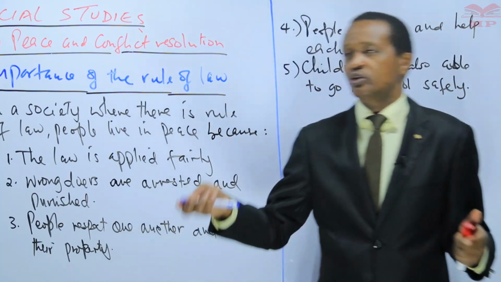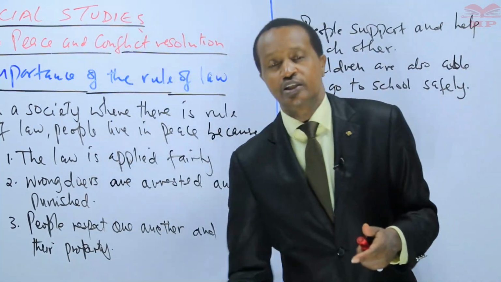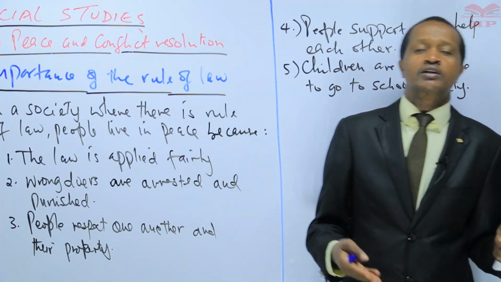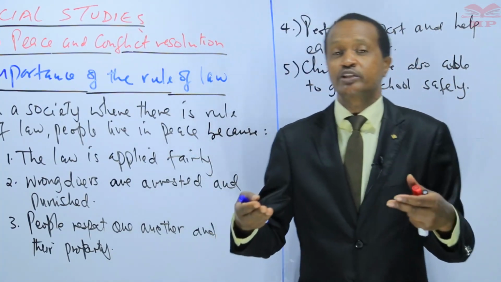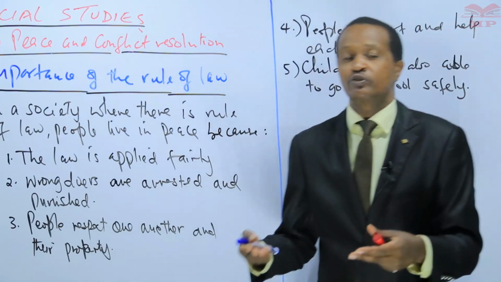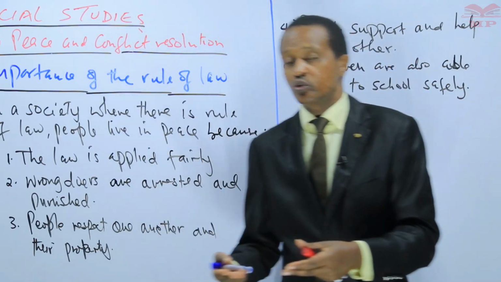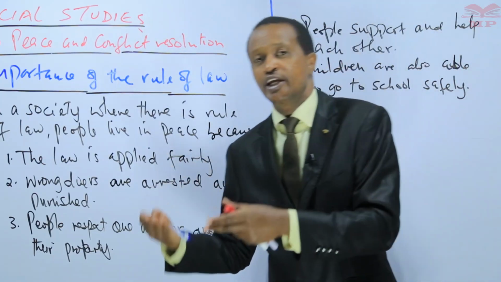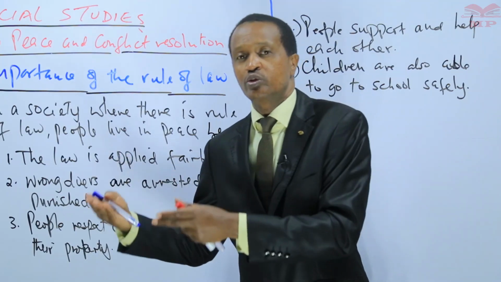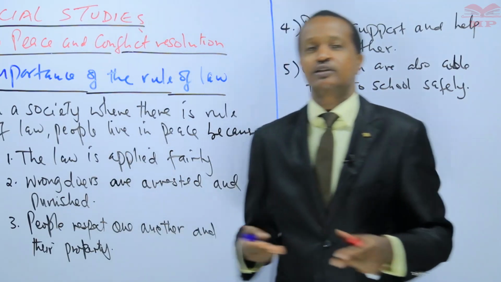There are laws that we obey while on the road. There are laws that we obey when producing goods. The manufacturers have laws that they need to obey when producing goods or products.